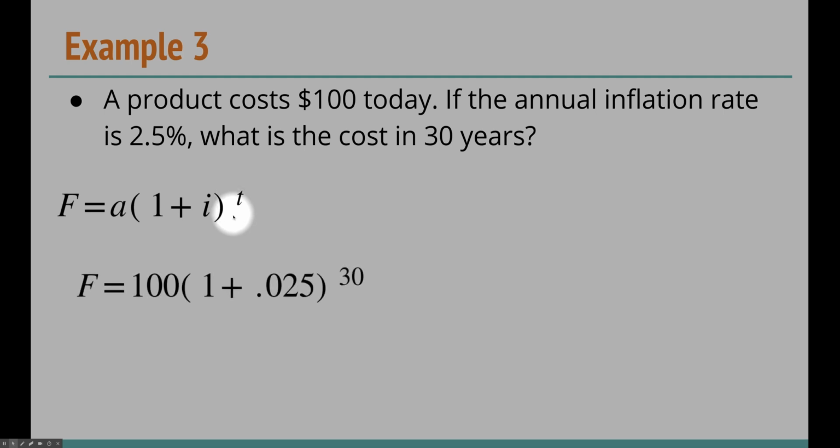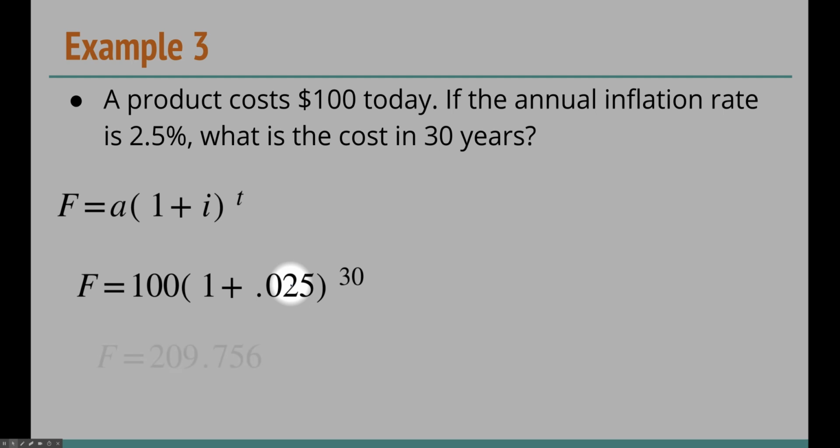We can plug in the numbers. We have little a is the cost of that item today. It's $100. The inflation rate is I equals 0.025, and the value of t is 30, because we're going to look at what's happening in 30 years. So essentially what we're saying is we're looking at an item that's $100 today, and we want to know what is it going to cost in 30 years if every year it grows in cost by 2.5%.